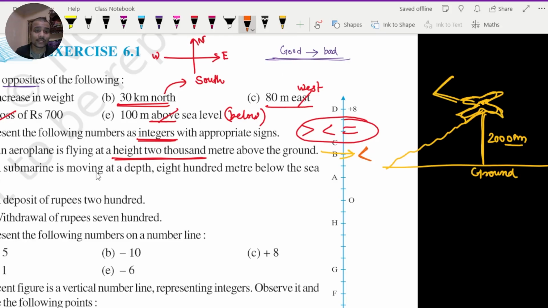A submarine is moving in the depth 800 meter below the sea level. Below the sea level, let us suppose the ground and sea level. It is sea level if I am saying. So submarine will be here somehow. So this is below. So we can use the word like that here.